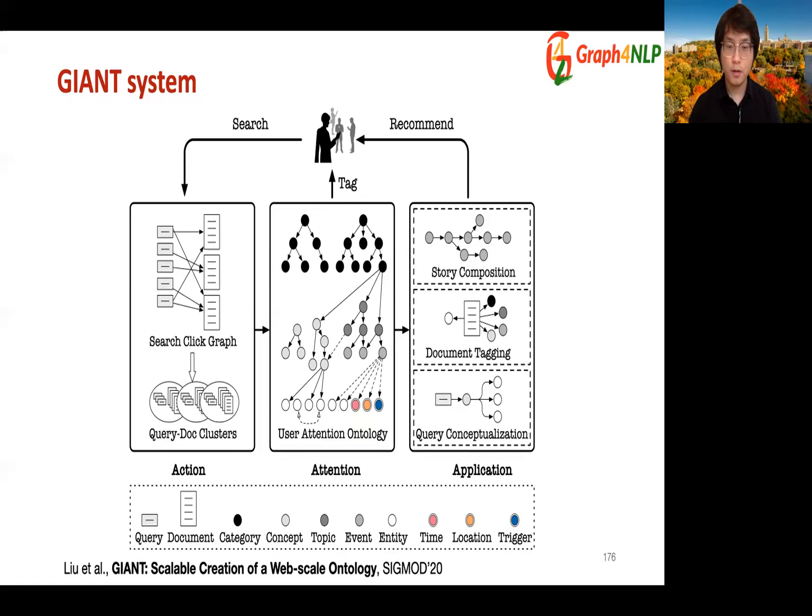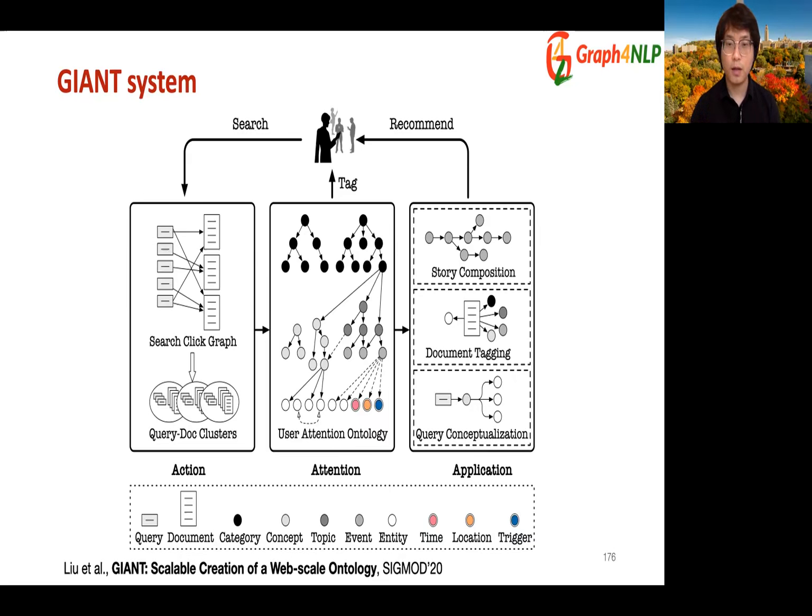And then in the second part, for each query-document cluster, we extract a phrase, maybe a concept phrase or event phrase, or we cannot extract any based on the input. If we can actually extract an output phrase, we can consider it as a new node in this attention ontology and try to identify the relationship by associating it with a parent node in this ontology.